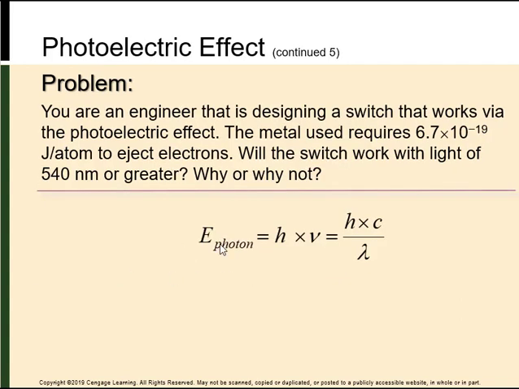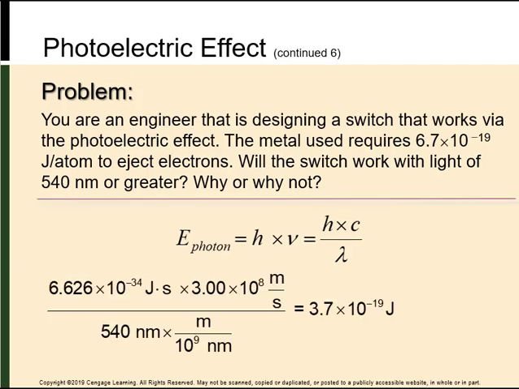So let's think about our equation. The energy of the photon is equal to h times ν, and we know that ν is equal to c over lambda. We know our h is Planck's constant, a known number, times c, 3 times 10 to the 8th meters per second, the speed of light, which is also known. And we changed 540 nanometers into meters.